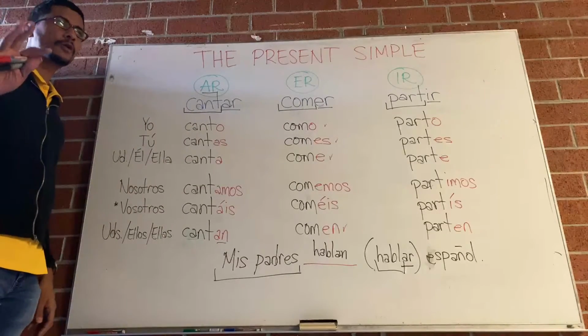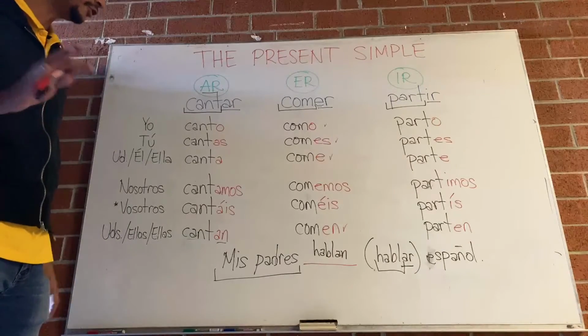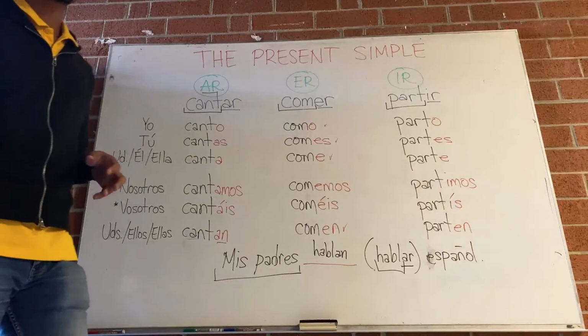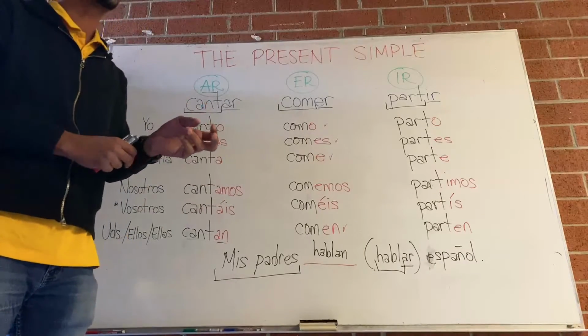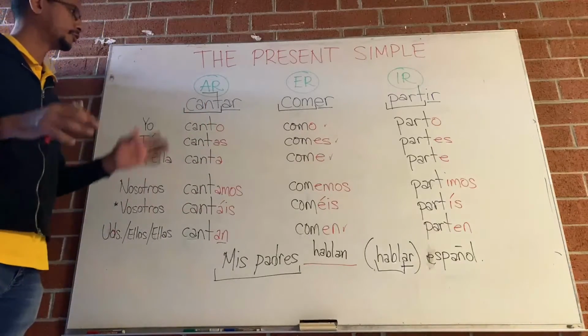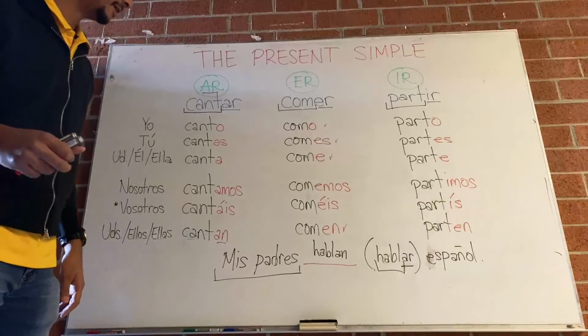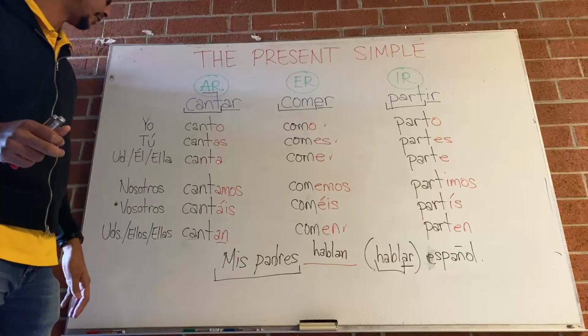But you already know that. If you don't remember, just let me know, and we'll work on that. Because there is a link there, or there's information there about how to use the stem changing verbs. But so far, this is what we're talking about today.